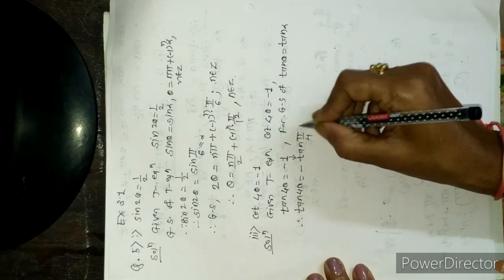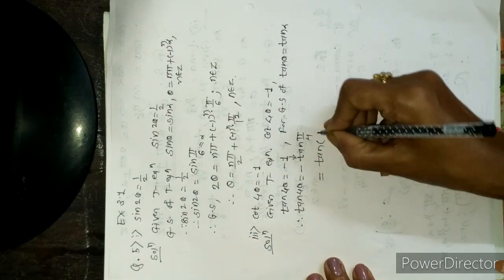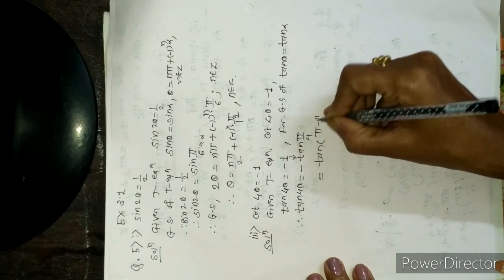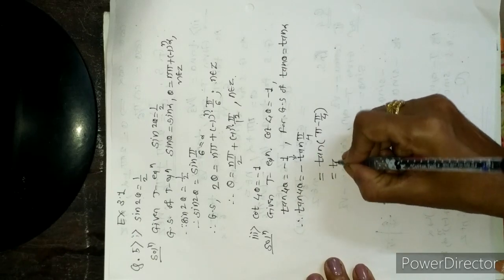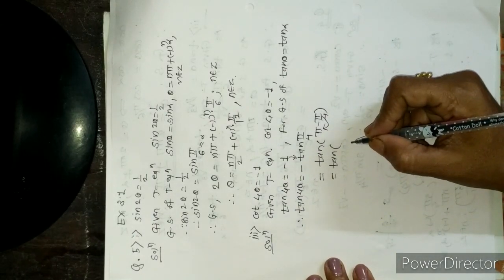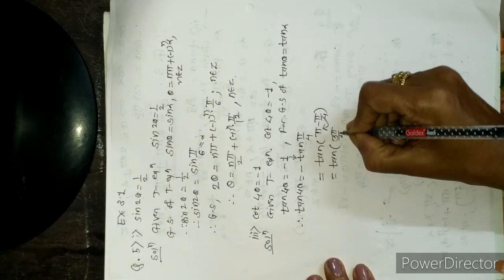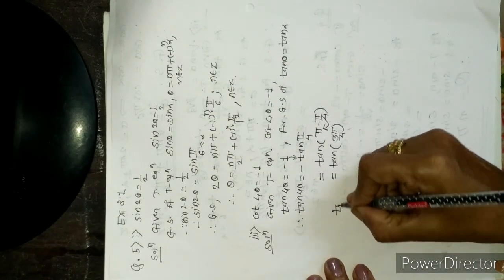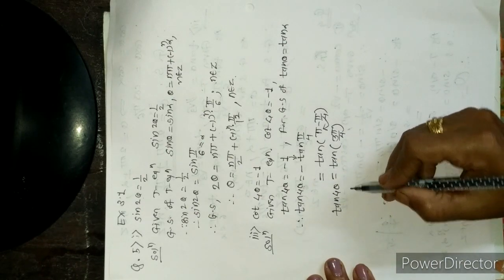So by using the negative angle of tan pi by 4, that means we get tan negative, and the minimum measure of that angle is pi minus pi by 4. So we will simplify this. After multiplication of this 4 with the pi, that is 4 pi minus this pi, that is 3 pi, and the denominator is 4, and that gives the trigonometric equation in the form tan theta equal to tan alpha.